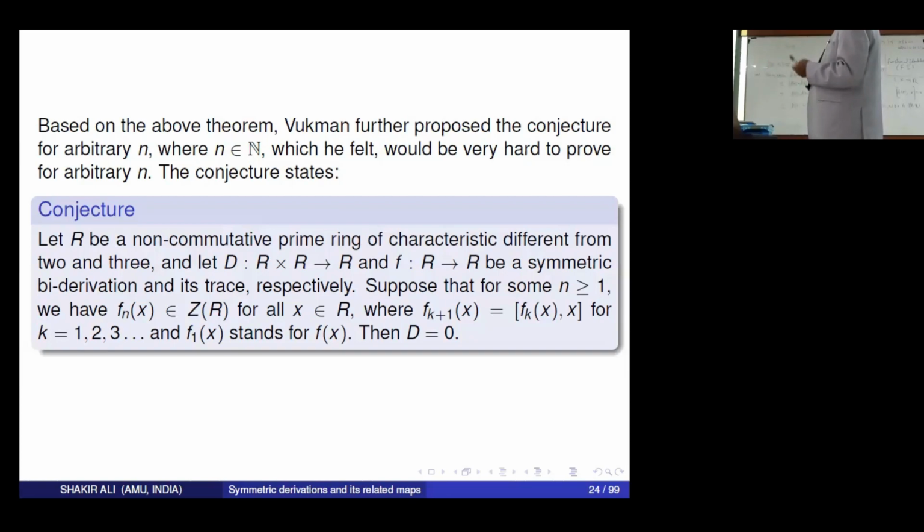We still hope and believe D is 0, but in the general setting the result is still open.